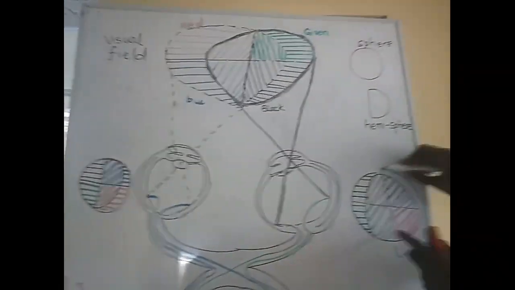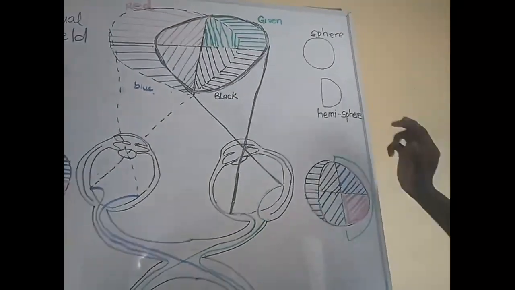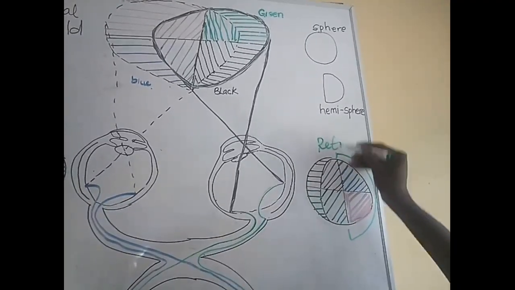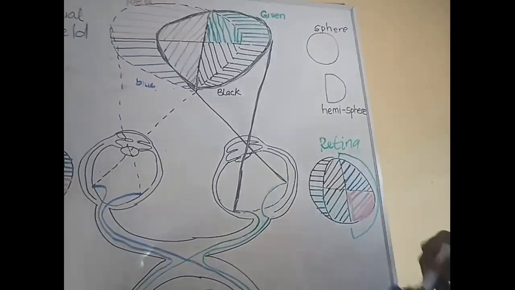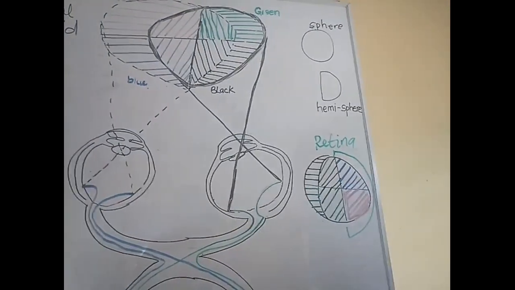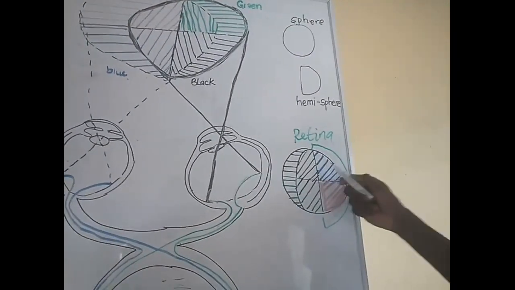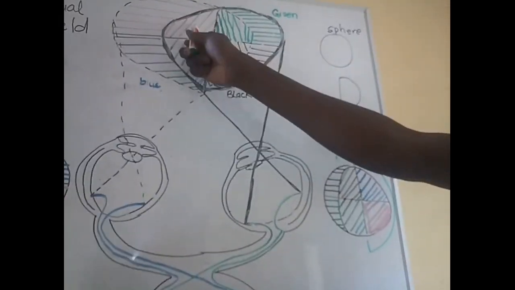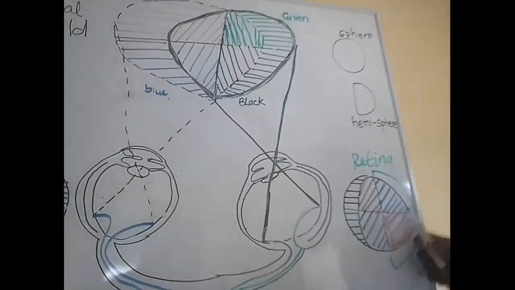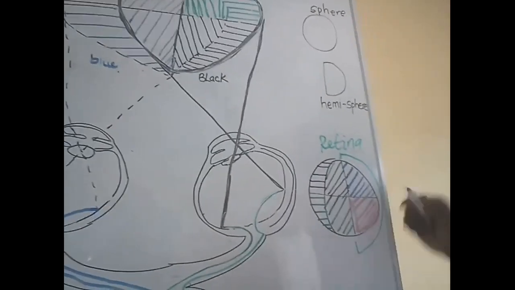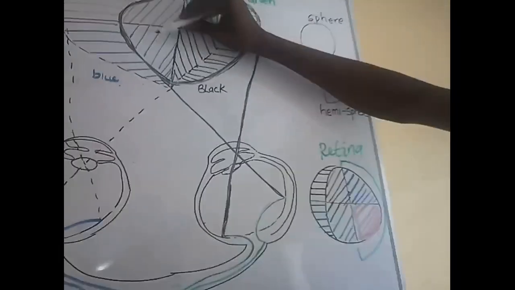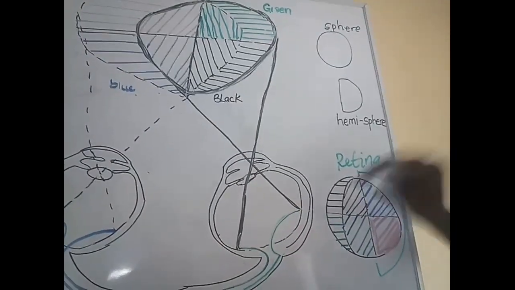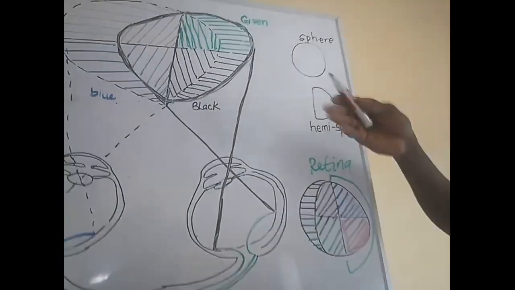Now when we pick it up, this is what we see. We said that, so what we see here is actually on the retina. So we can see clearly that this hemisphere, you can see that the colors are inverted. Here it was blue in the lower quadrant and then red in an upper quadrant. But when we come to perception on the retina, we said that the lower quadrant of the field is perceived at the upper part of the retina.